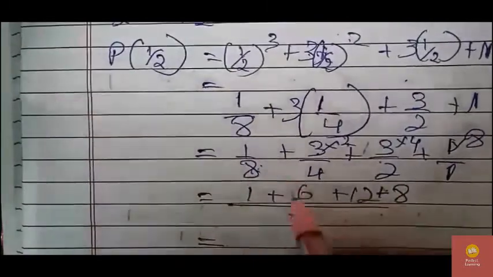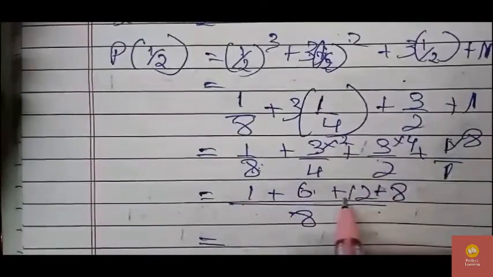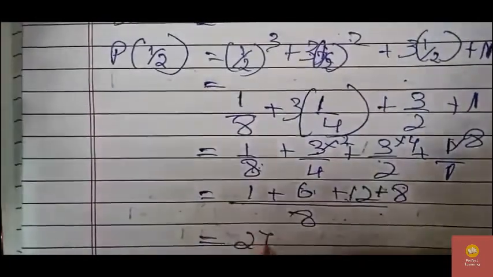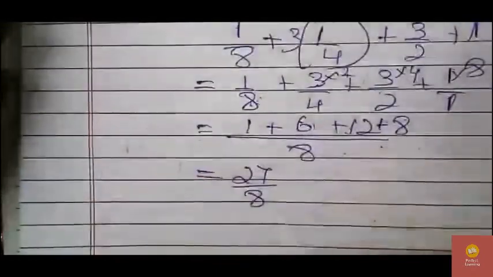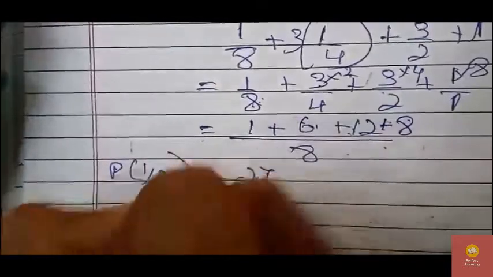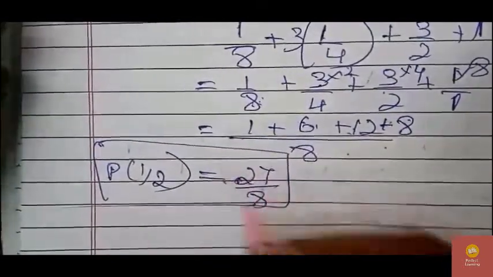The last answer is 6 plus 1 is 7, 7 plus 12 is 19, 19 plus 8 is 27. We got the remainder as 27 by 8. P of 1 by 2 is equal to 27 by 8. The remainder is 27 by 8.